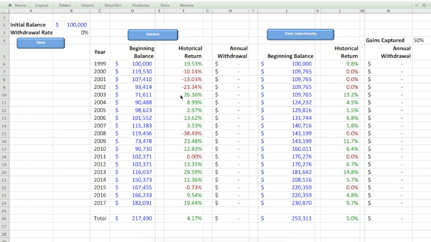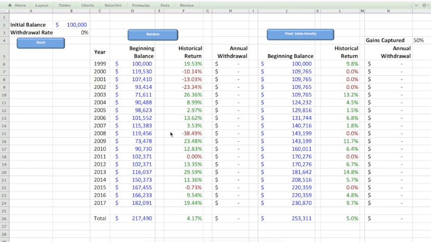When the market started to recover back in 2003 and it was up 26%, over here, you're only making half of that return, but you're making that on all the money you ever had plus all the interest you've ever made. I'd rather make a 13% return on 109,000 than a 26% return on 71. As you can see, higher account value.